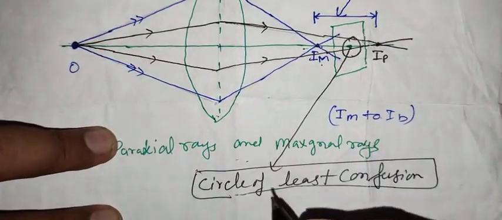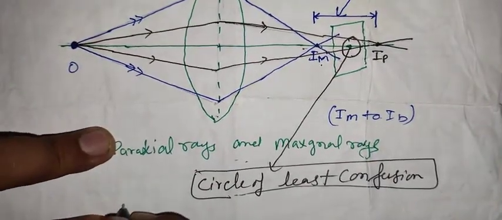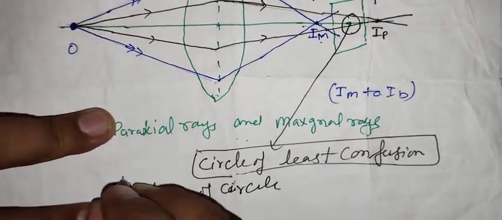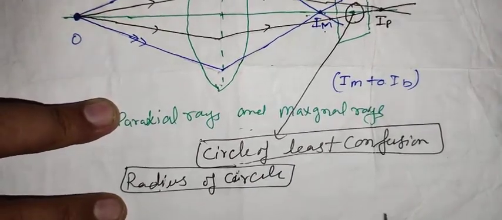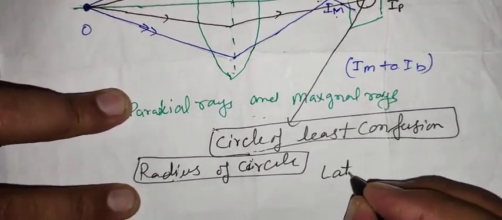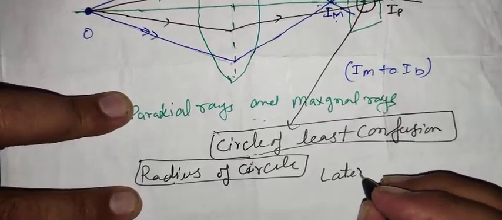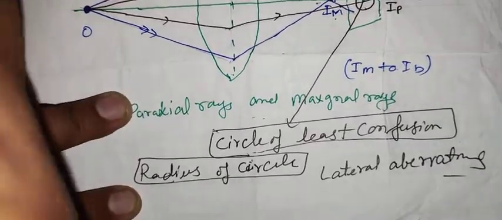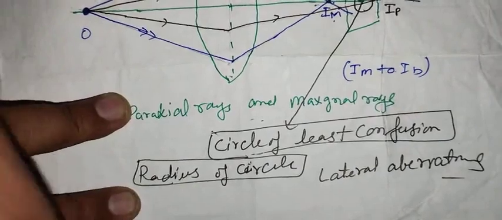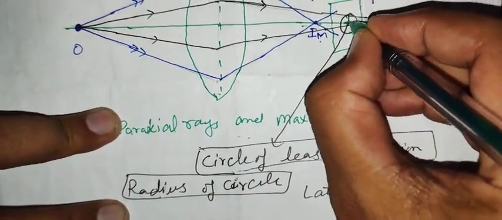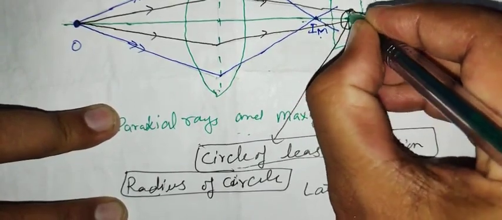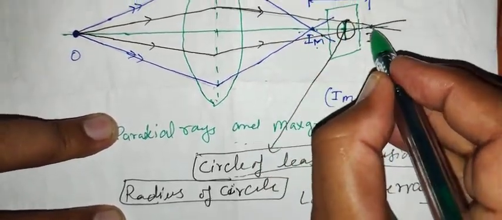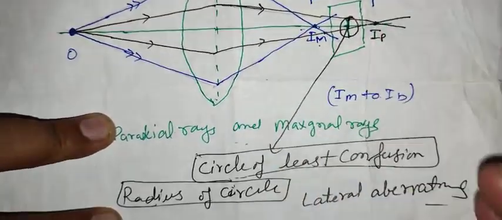And the radius of the circle is called lateral aberration. In this diagram, the lateral aberration is represented by the green line. So we have axial aberration and lateral aberration.